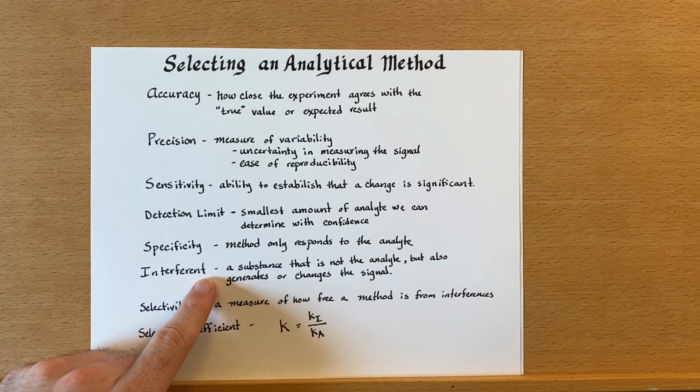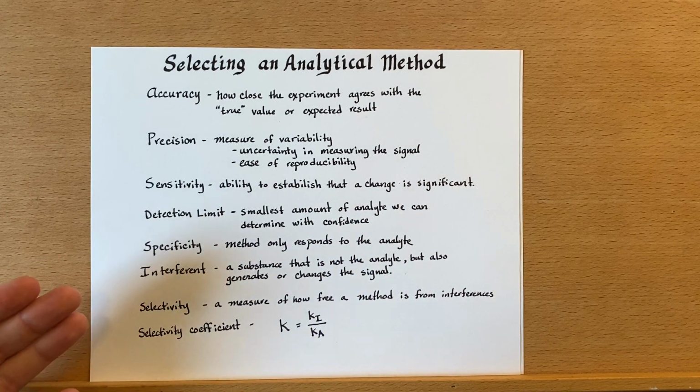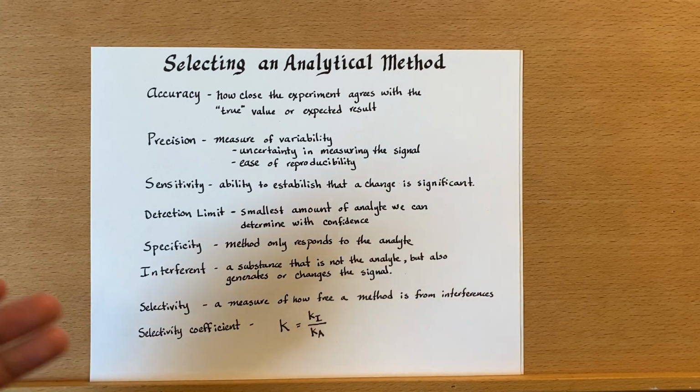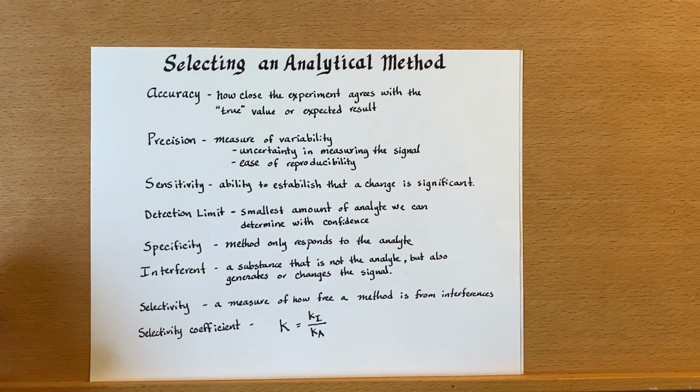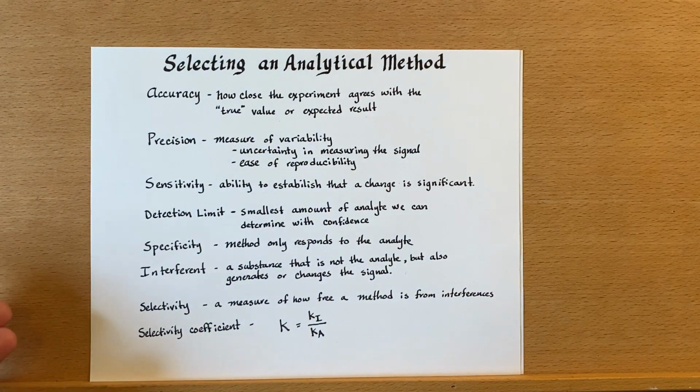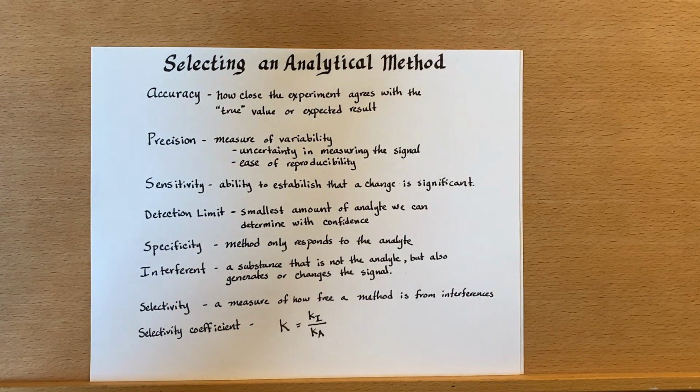If we were trying to do a gravimetric analysis of these using silver, well, both will precipitate under those conditions. Both the bromine and the chlorine will precipitate, and so we would have interference. In this case, it would be a positive interference because the mass would go up because both precipitate.